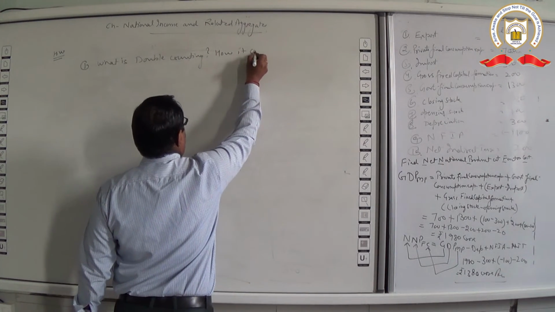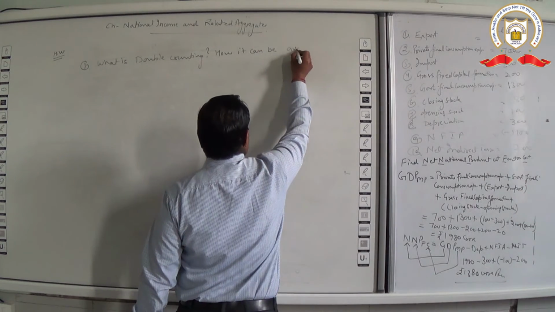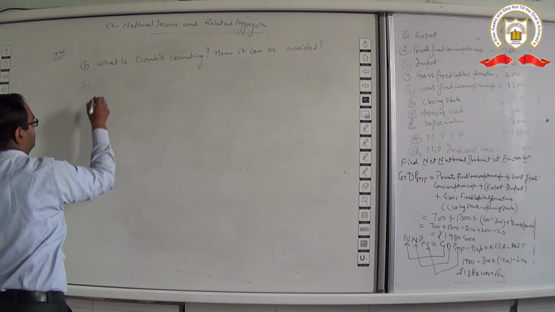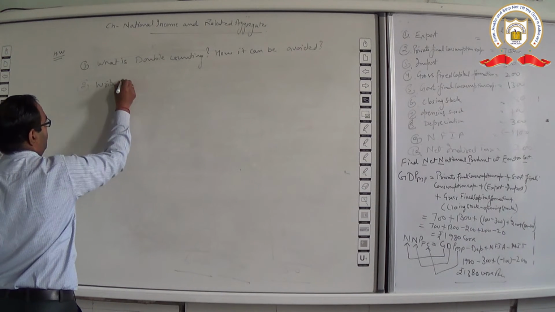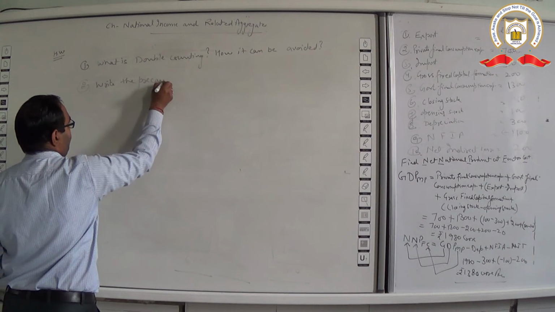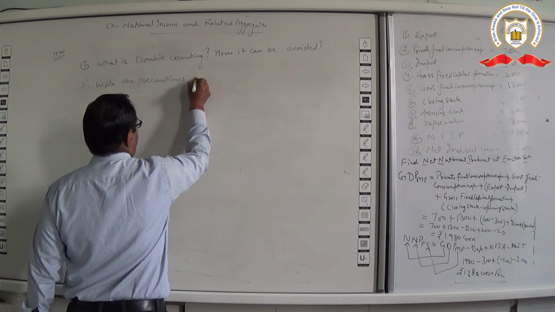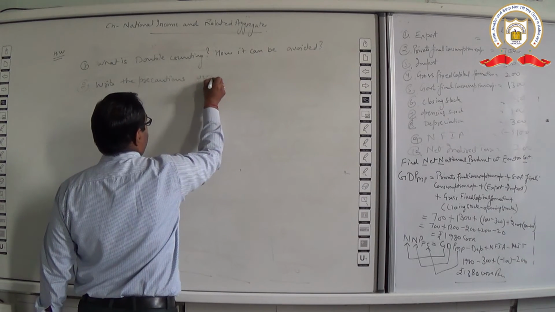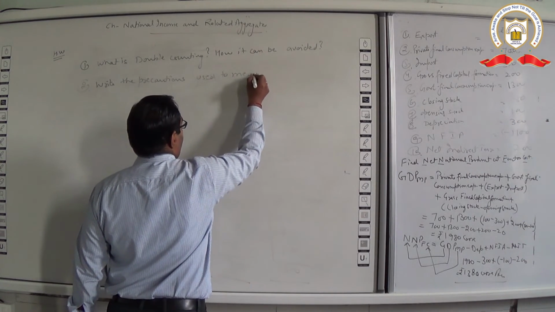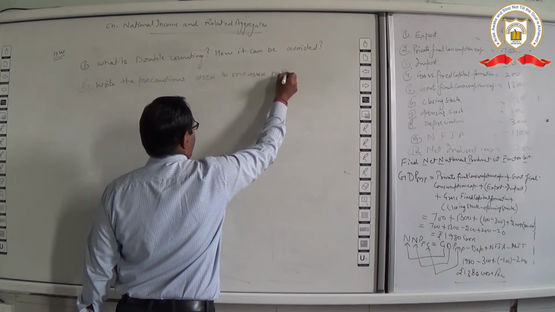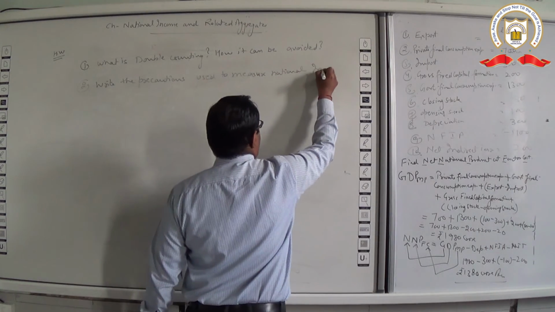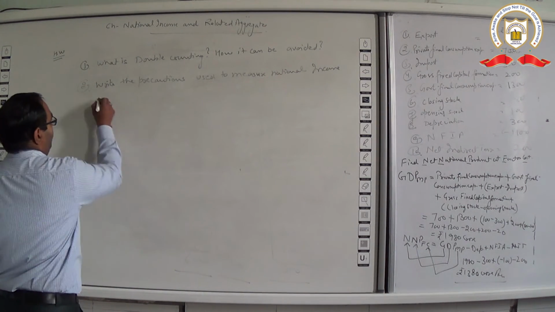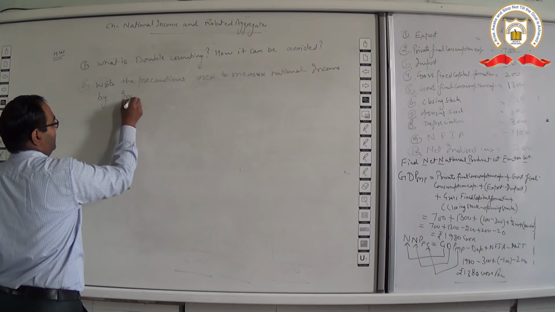How can it be avoided? Second question, write the precautions used to measure national income by income method.